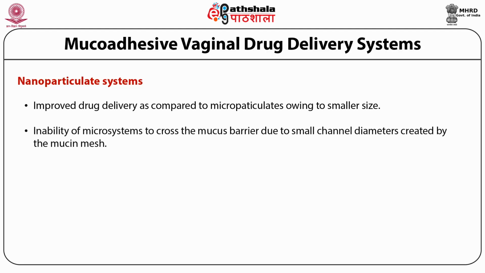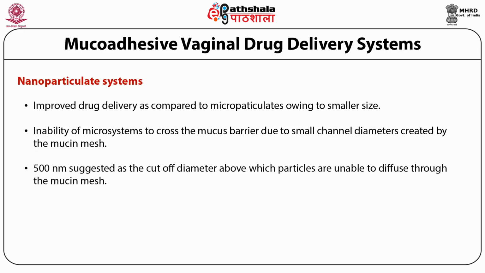The inability of microsystems to cross the mucous membrane, due to small channel diameters created by the mucin meshes there, is very nicely overcome by these systems. 500 nanometers is suggested as the cutoff diameter above which the particles are unable to diffuse through the mucin mesh, and hence a nanoparticulate system is highly desirable.